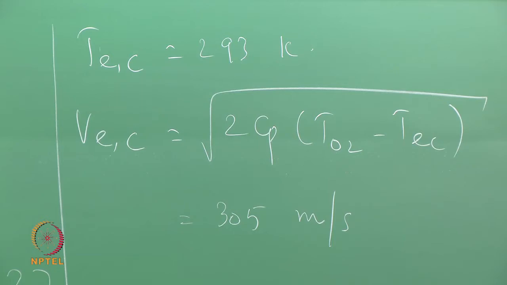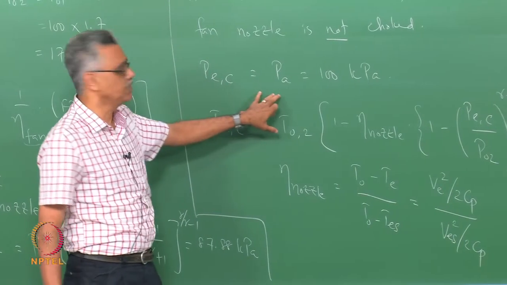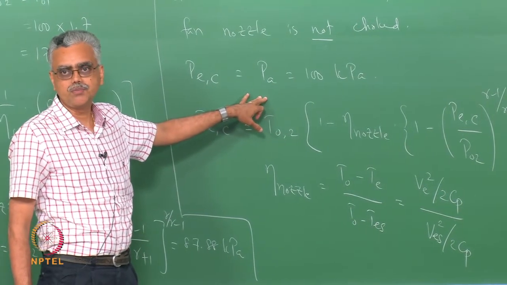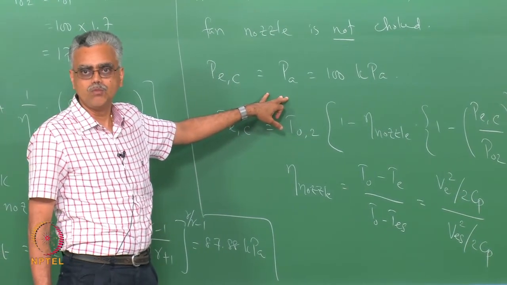So, now I can calculate the fan thrust. Remember, the fan nozzle is not choked, so PEC is equal to PA, which means the pressure thrust is absent, we have only the momentum thrust.